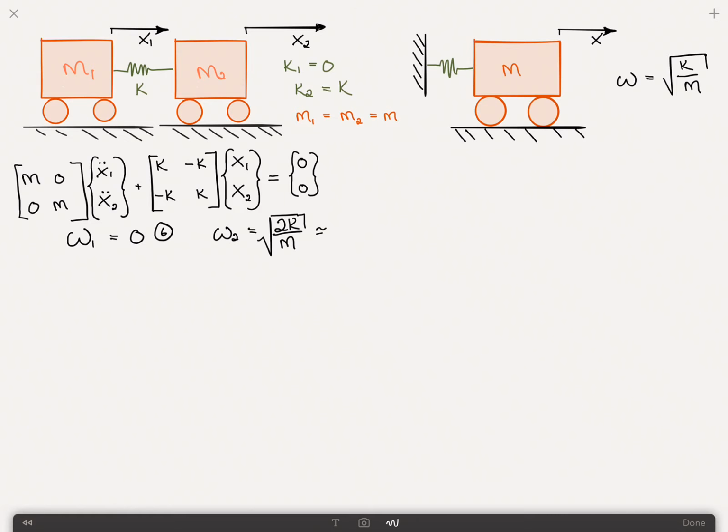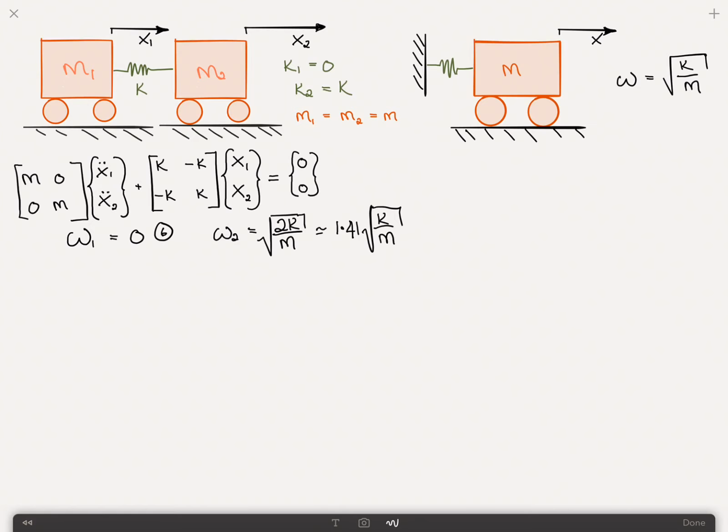And that's approximately equal to 1.41 root k over m. So this will oscillate approximately 1.41 times faster than the case of the single degree of freedom system. That might be interesting to some of you.